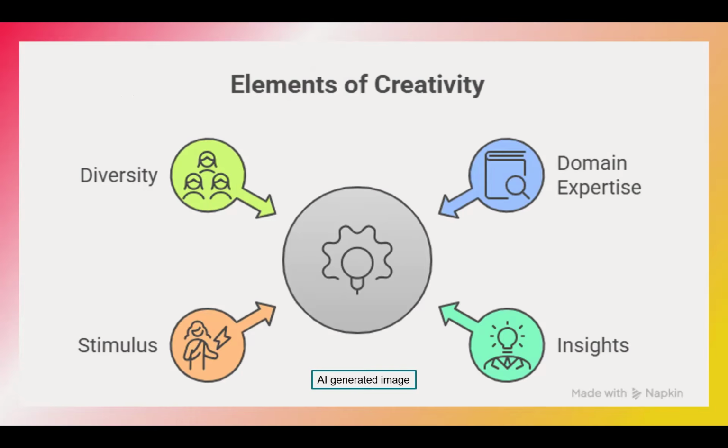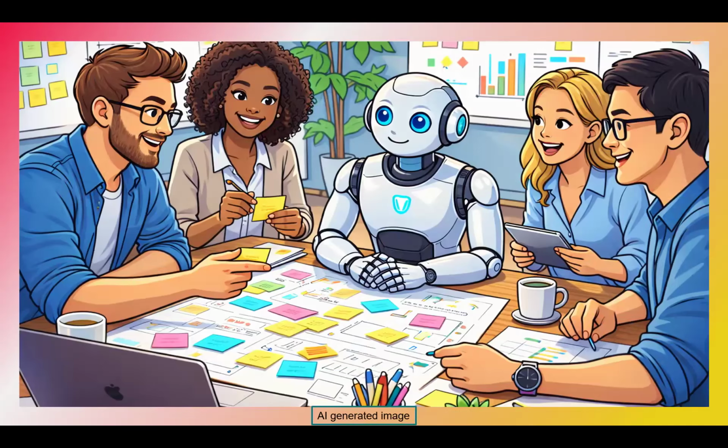Stimulus are things that are outside of the field that you're working in, that will stimulate ideas in your head that will create out of the box solutions. And insights are things that will come from your empathy and research that you'll discover, like the woman rounding up in her checkbook. So this is powered by humans, for the most part, and assisted by AI.